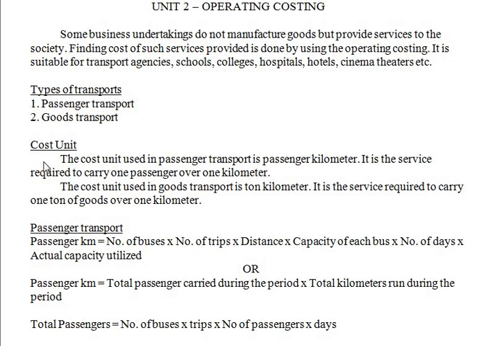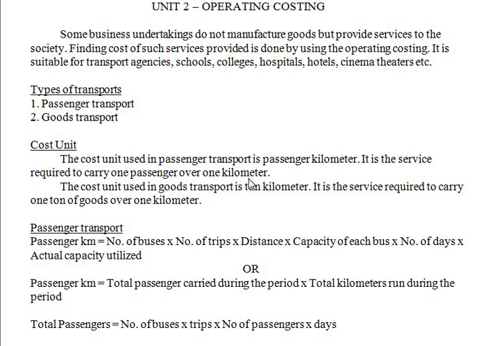For that, first we need to know the meaning of cost unit. There is a different meaning for passenger transport as well as goods transport. The cost unit used in passenger transport is passenger kilometer. It is the service required to carry one passenger over 1 kilometer.